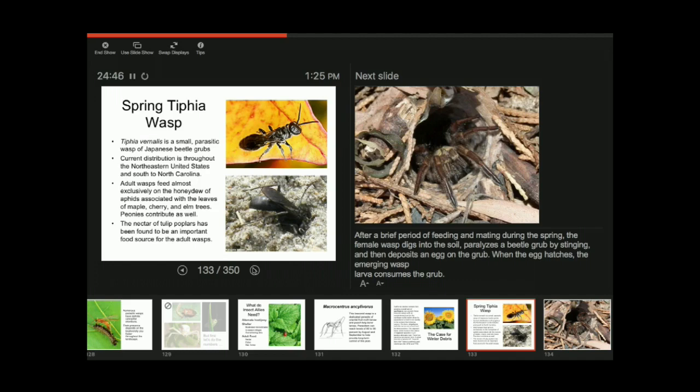And the Tiphia wasp adults feed on the honeydew of aphids associated with trees like maple, cherry, and elm. Peonies contribute here as well. You'll never see this, but those wasps fly low over the ground and can sense where a Japanese beetle grub is two to three inches down, and they tunnel down in and insert an egg inside the grub and then leave and go look for another one.